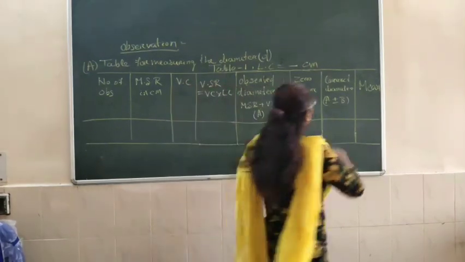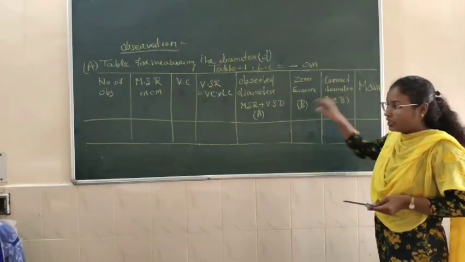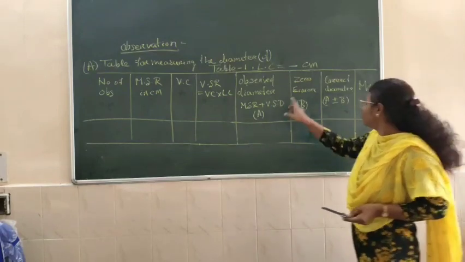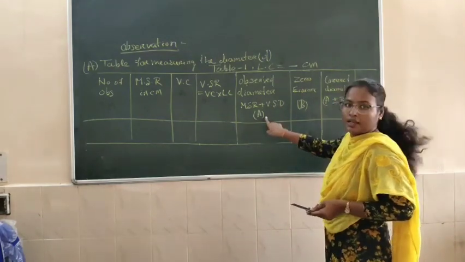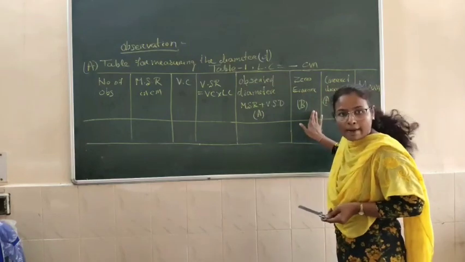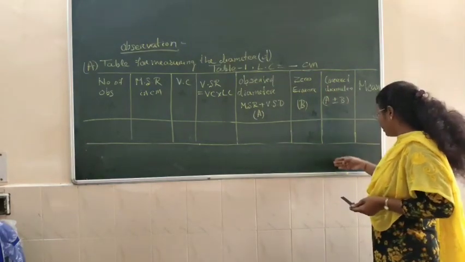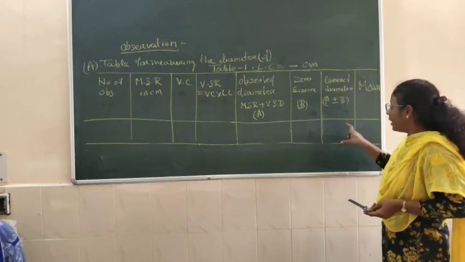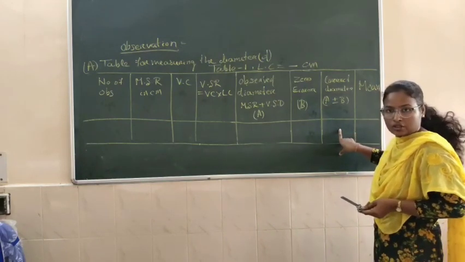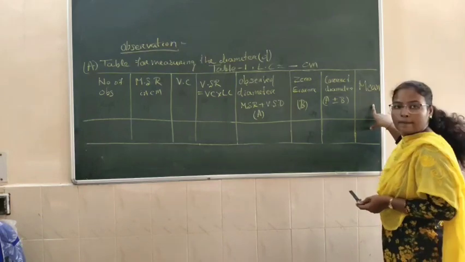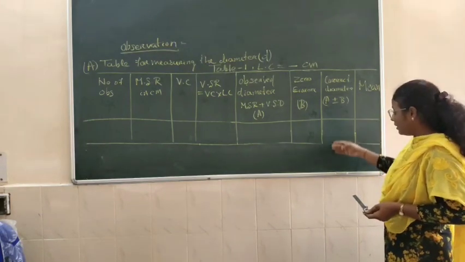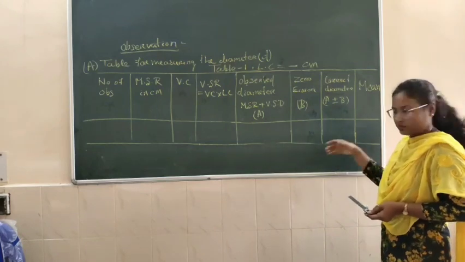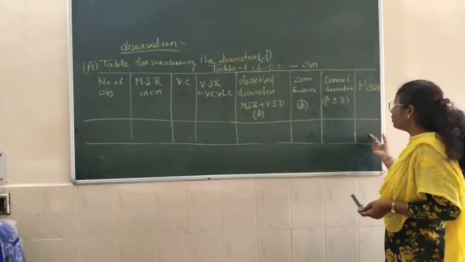So the correct diameter, for each observation you have to find out, will be A added or subtracted with the B. Like this we can find 10 values or 10 observations, and from these 10 observations you need to find the mean value. By adding all the 10 observations and dividing the sum by 10, you can find the mean value.